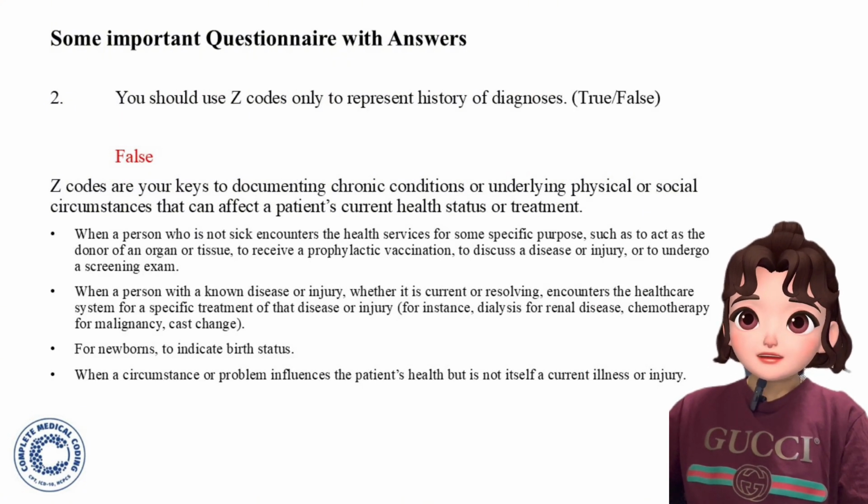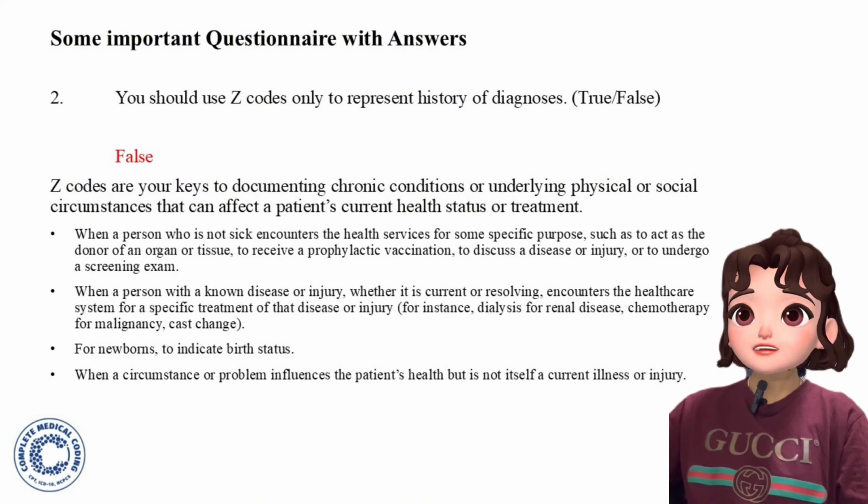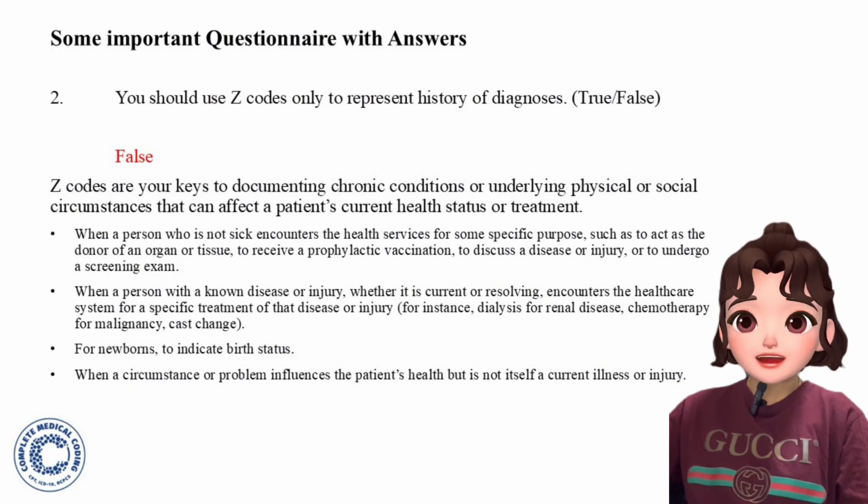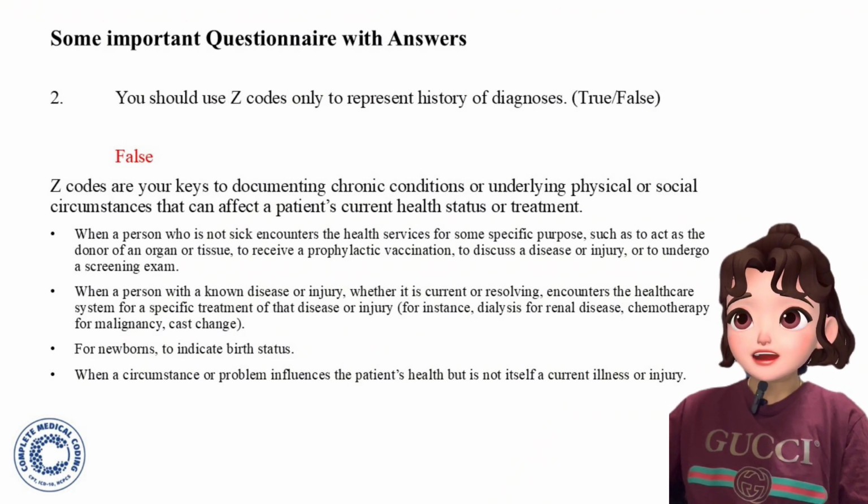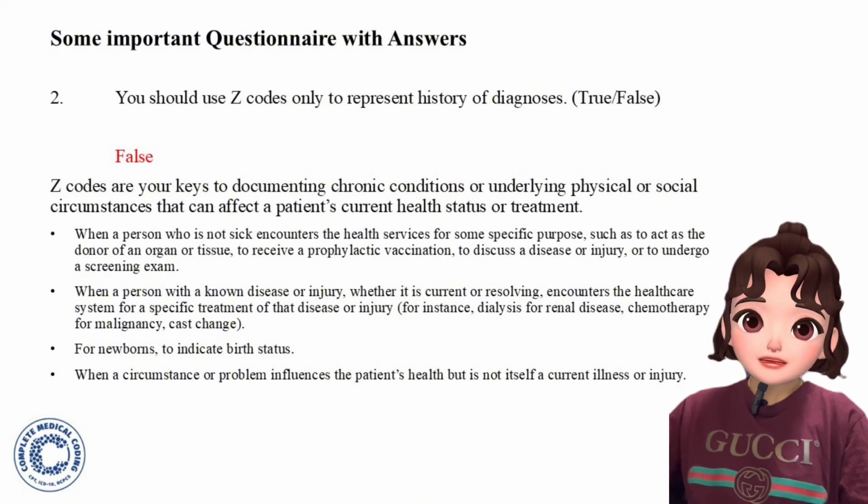Now second question. You should use Z codes only to represent history of diagnosis. Is it true or false? No, that is false. Z codes are your keys to documenting chronic conditions or underlying physical or social circumstances that can affect a patient's current health status or treatment.